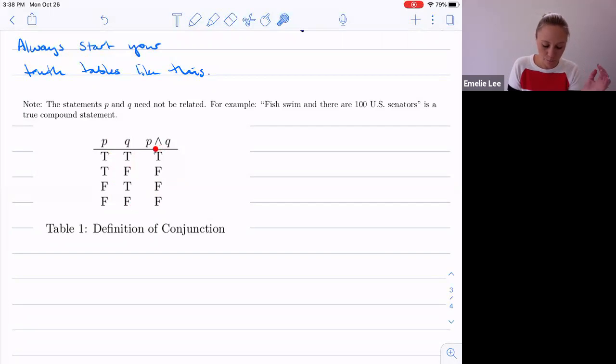Thinking back to when we were talking about sets and how and behaved, the and behaves the same way for logic. If we have and in there, both of the statements have to be true in order for P and Q to be true.